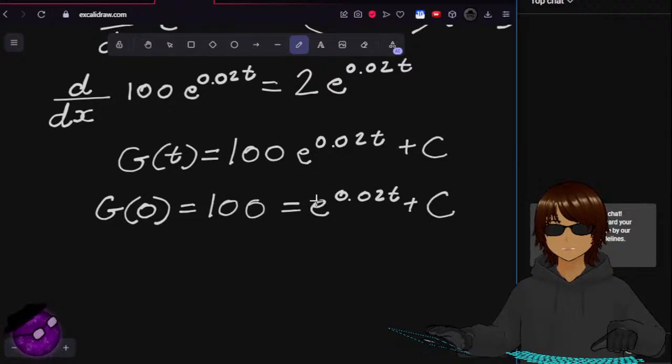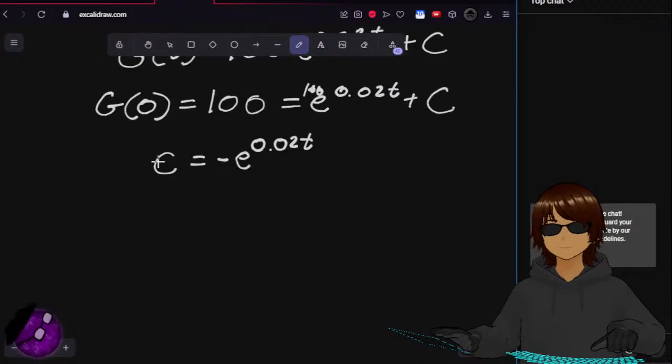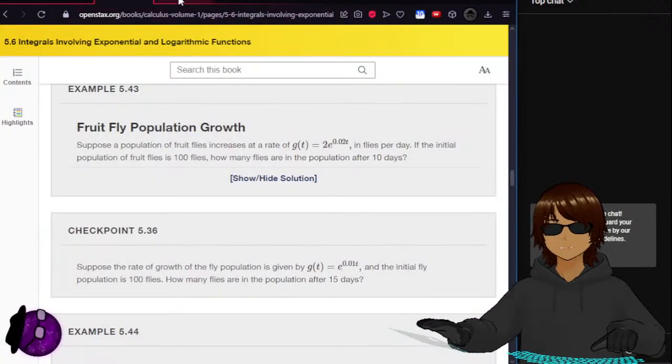Oops, this is 100. Then C is equal to minus e^(0.02t), right? So what do I need to find?